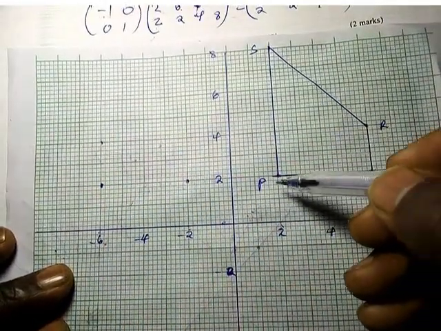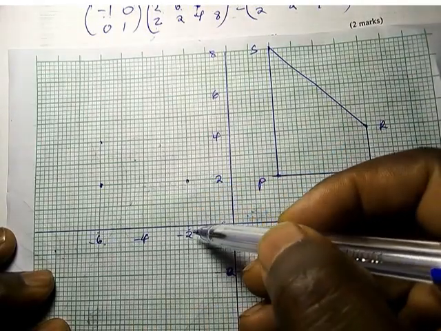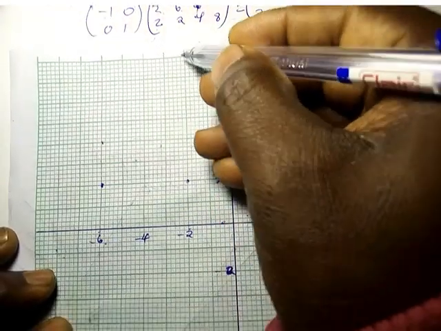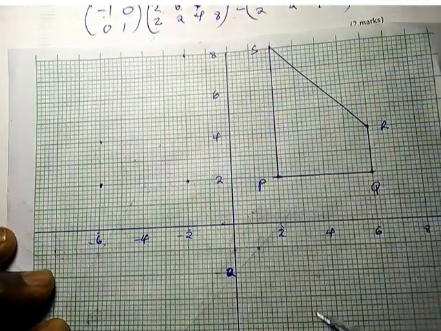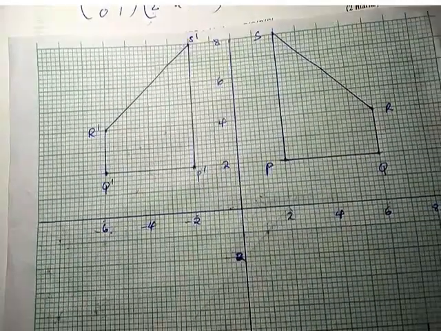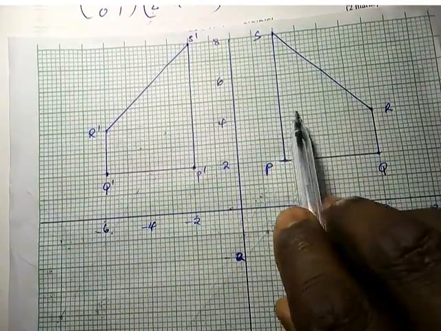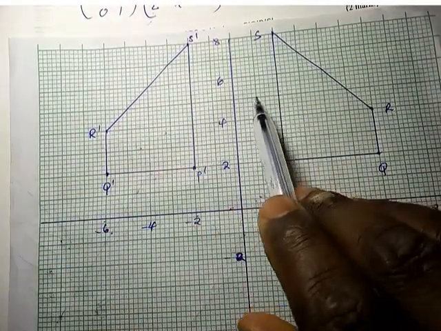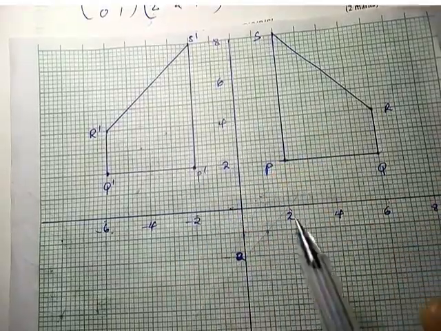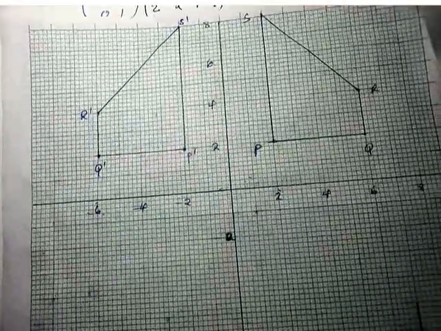And then -2, 8 there. Right? So that is our object and this is the image. You can see this one is a reflection on the y-axis. Next one now is, we have done that. Next question.